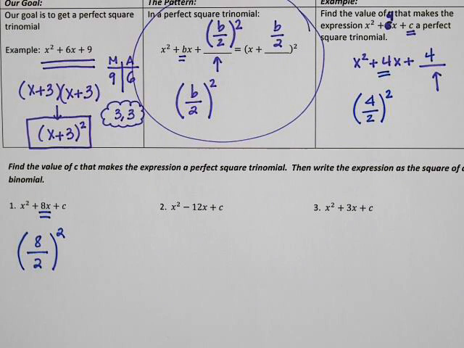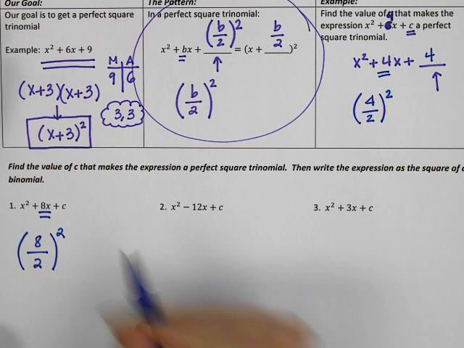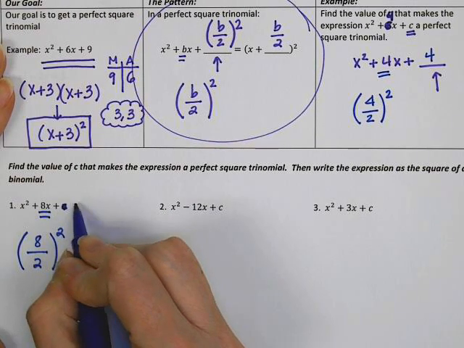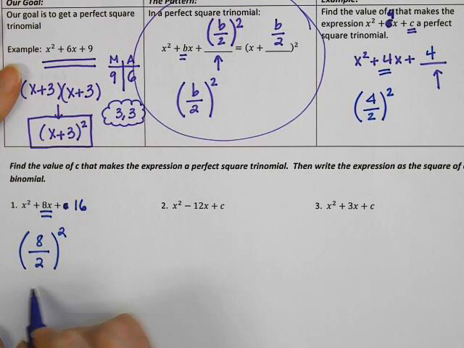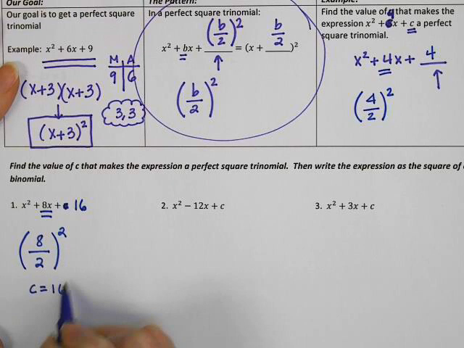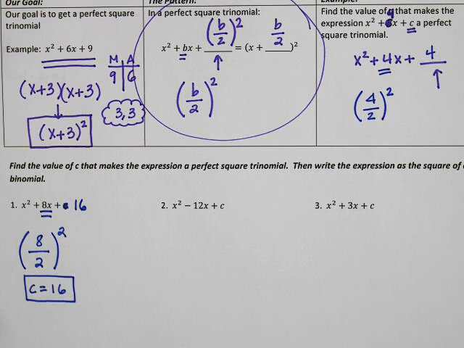That's how you find c, the third number. What is 8 divided by 2? That's 4. 4 squared is 16, so this last number would be 16. So the answer is 16. We could write c as 16. Now, we're not done.